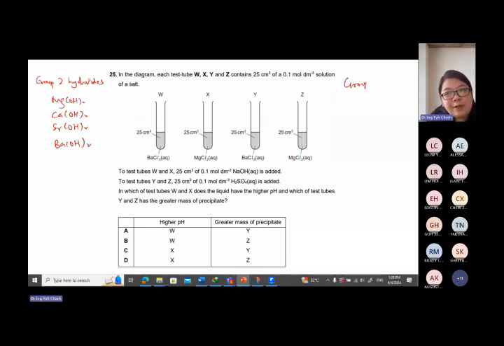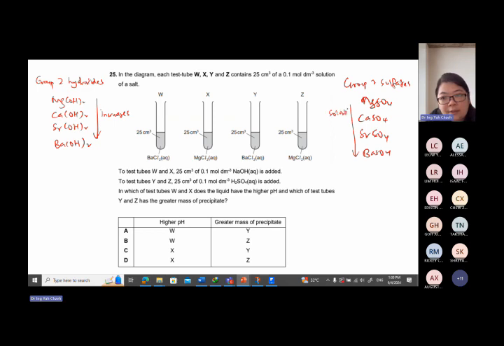Here, group 2 sulfates: magnesium sulfate, calcium sulfate, strontium sulfate, and barium sulfate. Now, solubility going down the group increases for hydroxide. For sulfate, the solubility will decrease.